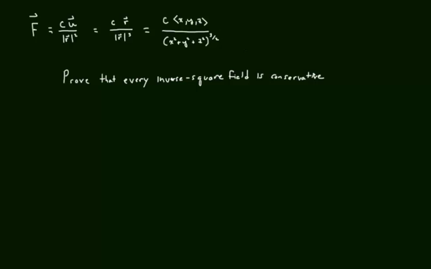Now the goal is to prove that this is conservative. In other words, we want to show that this vector is del f for some scalar f. And in lesson 1, we came up with several ways to prove that some vector is conservative, or show that some vector is the gradient of some scalar.